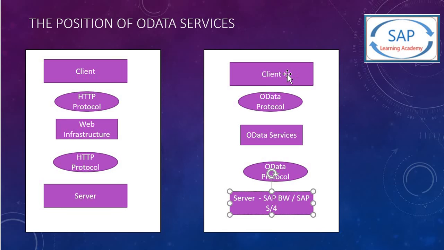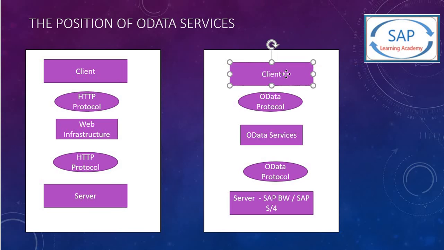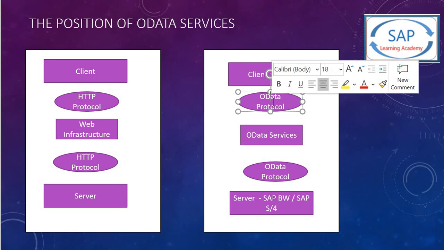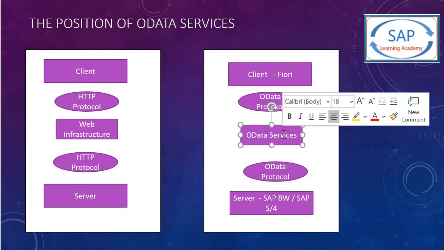And we have this client, so the client can be one of your Fiori applications, mobile applications, and it uses the OData protocol. Just like here in the case of HTTP protocol, we have this OData protocol. So in the OData protocol there is some modified or included version, just like for HTTP, and it uses the OData services.